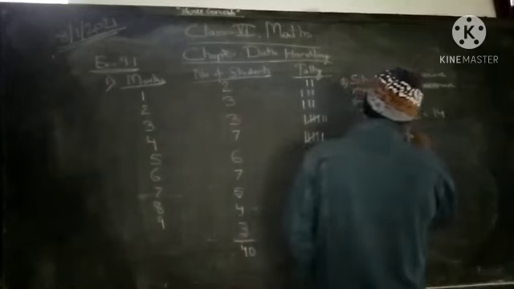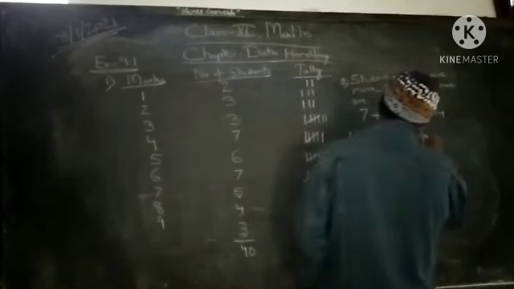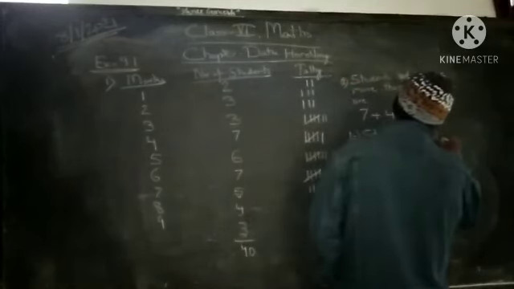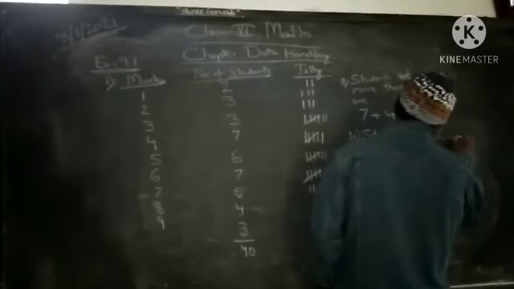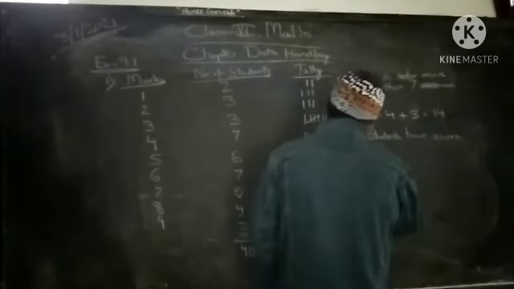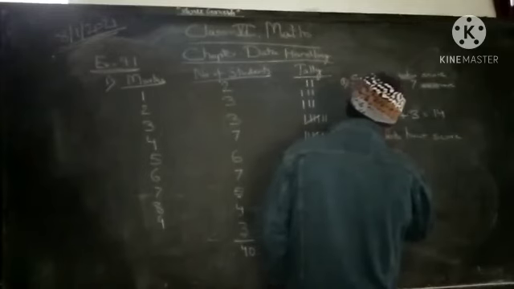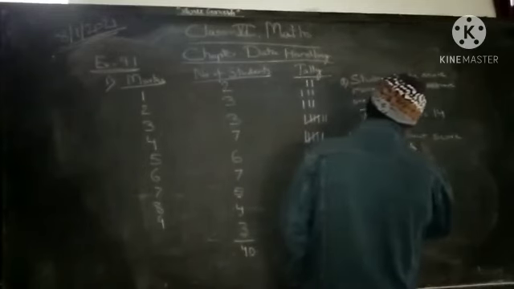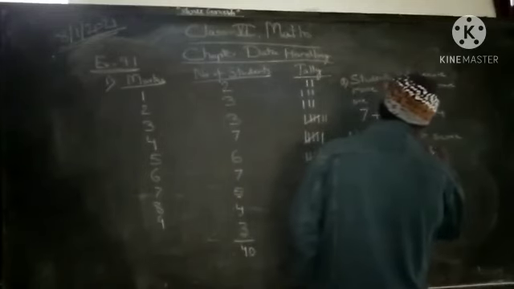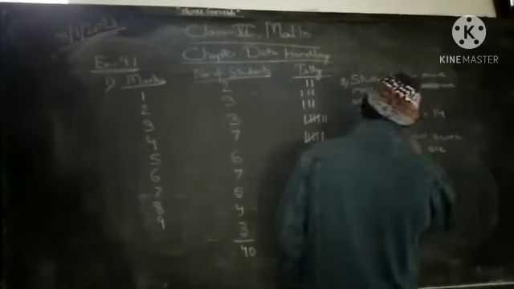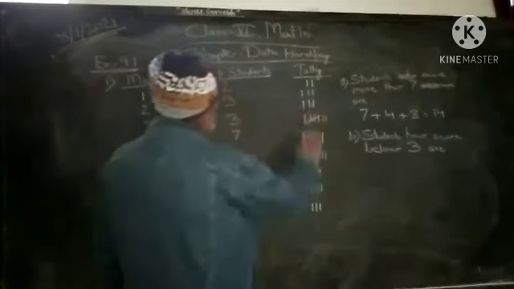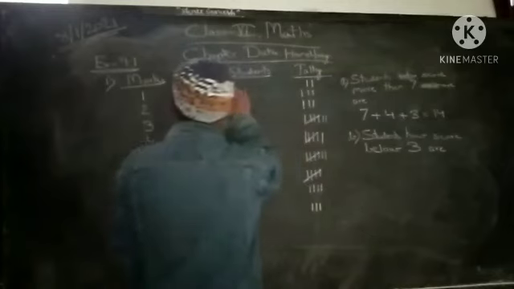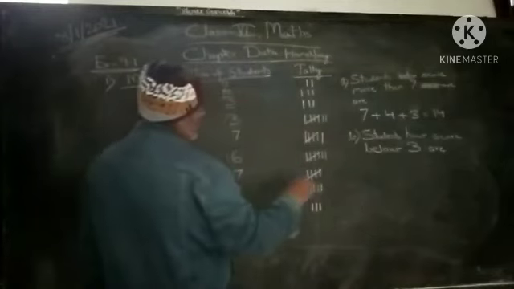The students who score below 3 are, so we got 2 over here and 3 over here.